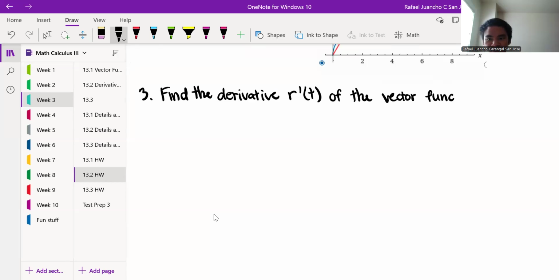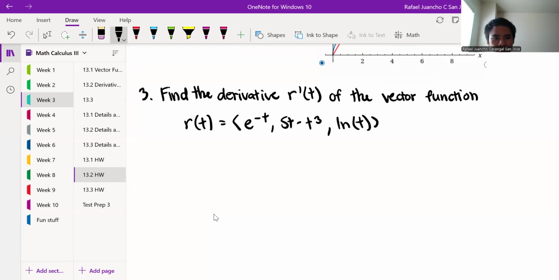And so this vector function is r of t, which is equal to these components. So our x component, our y component, and our z component. Okay. Now we just take the derivative.